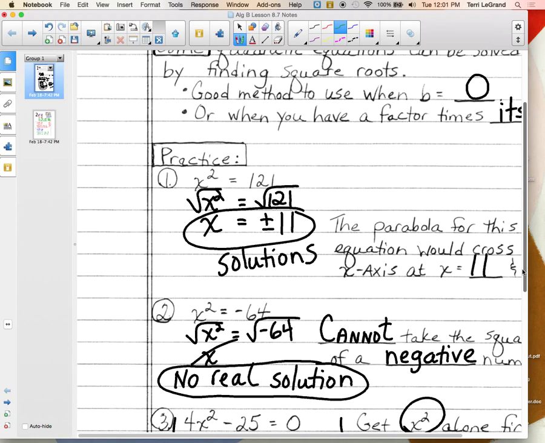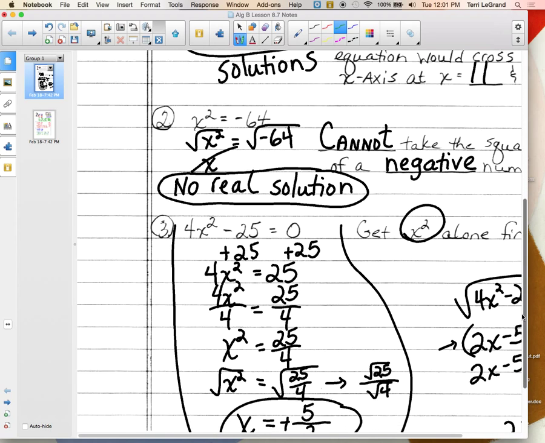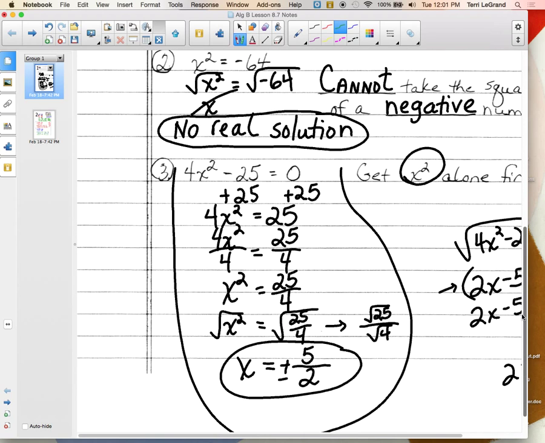That means b is equal to 0. Next one, x squared equals negative 64. There's no x term. That means b is equal to 0. This one, 4x squared minus 25 equals 0. There's no x term. That means b equals 0. Remember, that's one of the times that this is a good method to try, when b is equal to 0.